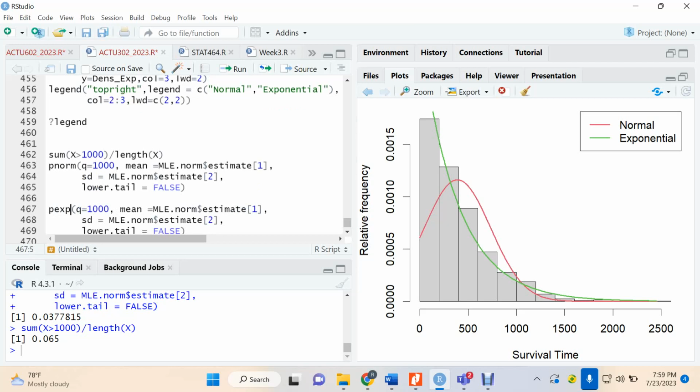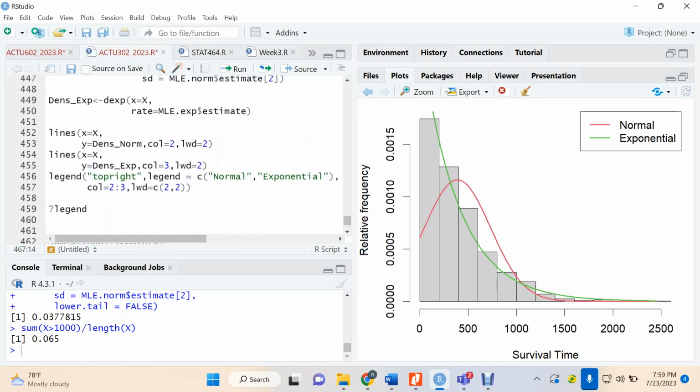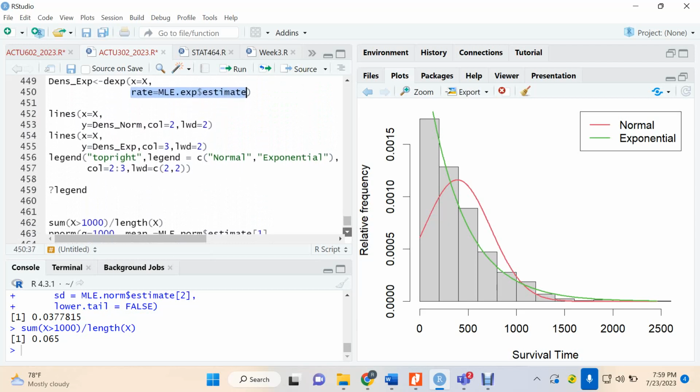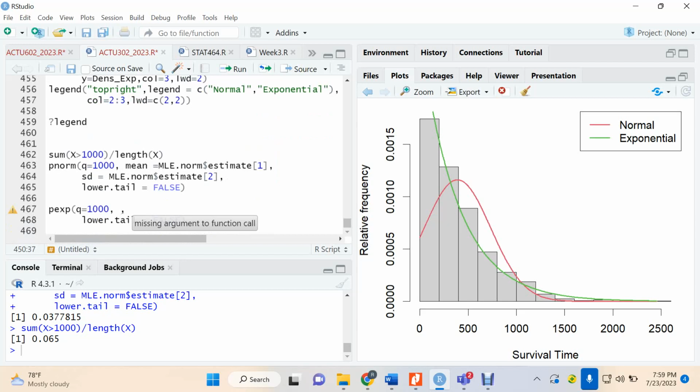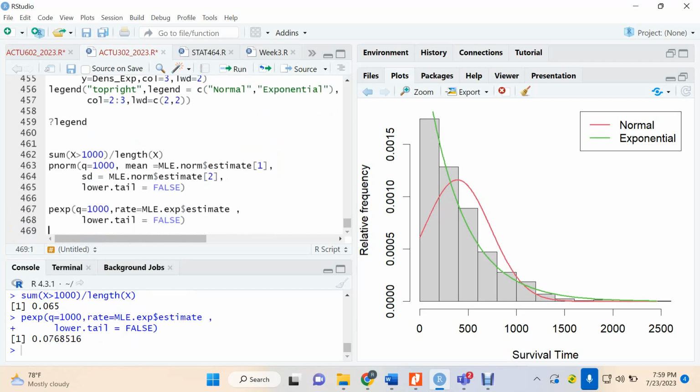Q is 1,000. I think this is rate; for the exponential we only have rate. So we can go up there and copy. This is it, so rate is equal to the estimate.